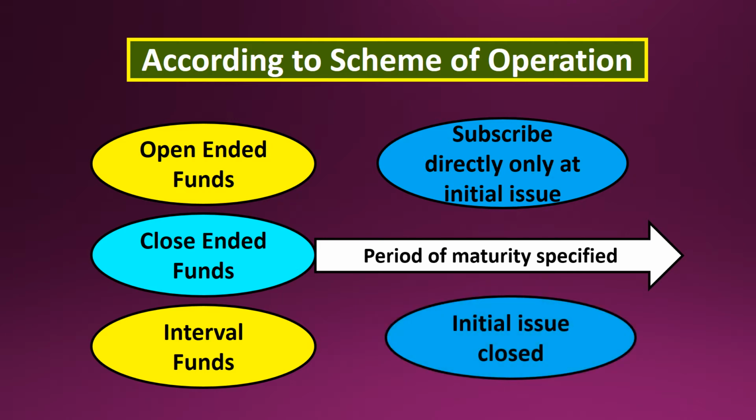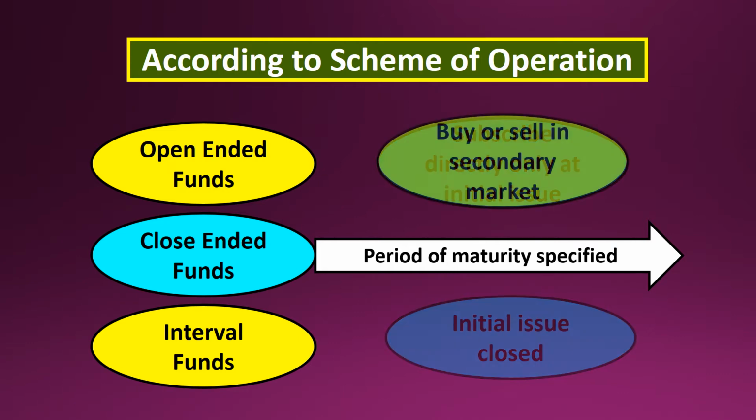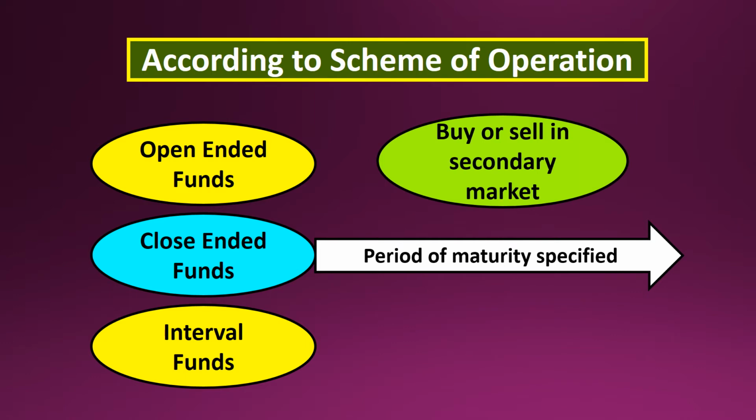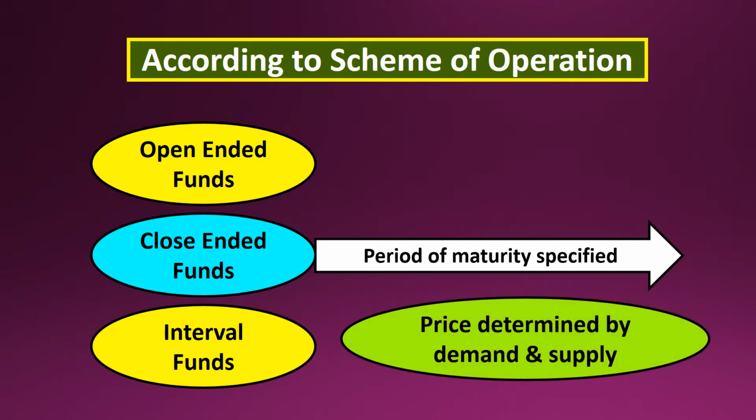After the initial issue is closed, if a person wants to buy the units of the scheme, he can buy or sell the units in the secondary market, that is, the stock exchanges where these are listed. The price in the secondary market is determined on the basis of demand and supply.